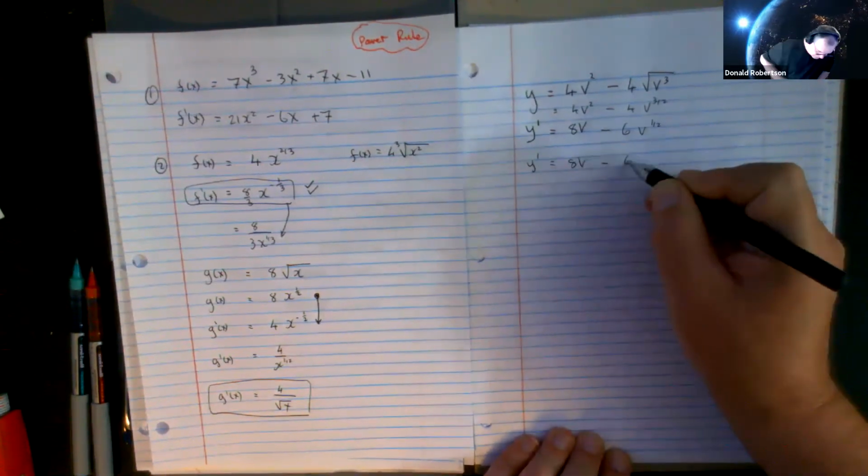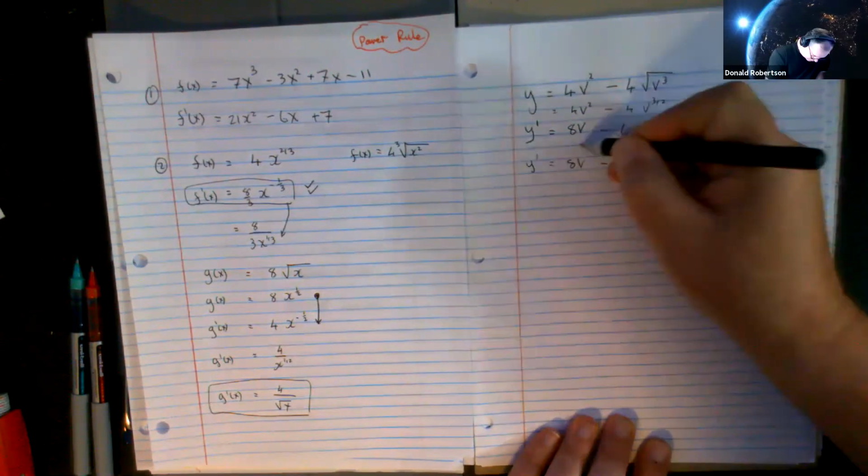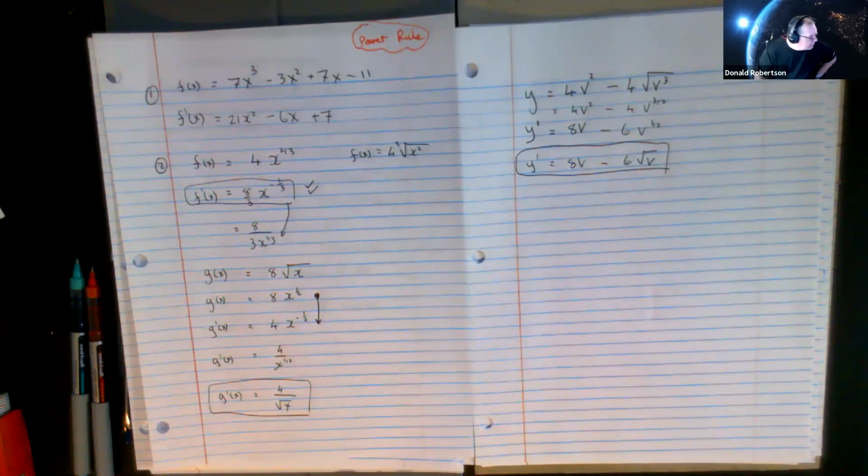And in this question, there's your finished product. Are we good so far? Radicals just are fractional powers. Turn them into whatever fractional power you need if you have to.